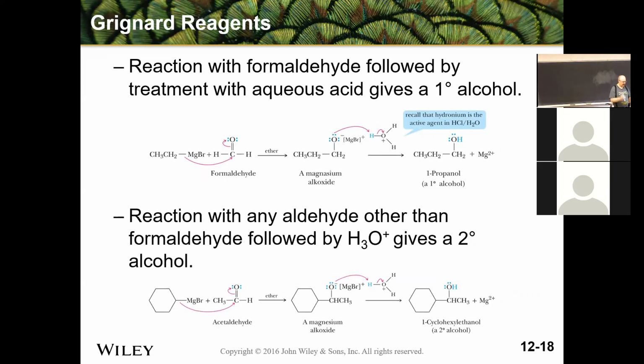Here, however, is a useful reaction. Since this chapter is about aldehydes and ketones, we can use Grignard reagents to react with aldehydes or ketones to form alcohols.